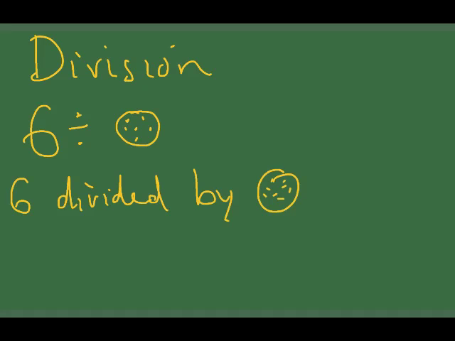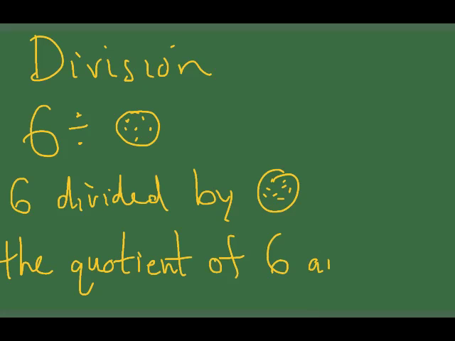And again, if you remember the second one for multiplication, where we used the word that talked about the answer, for division we use the word for the answer in division, which is the quotient. So a second option is the quotient of 6 and cookie. Oatmeal raisin cookie, of course. They're raisins, clearly.